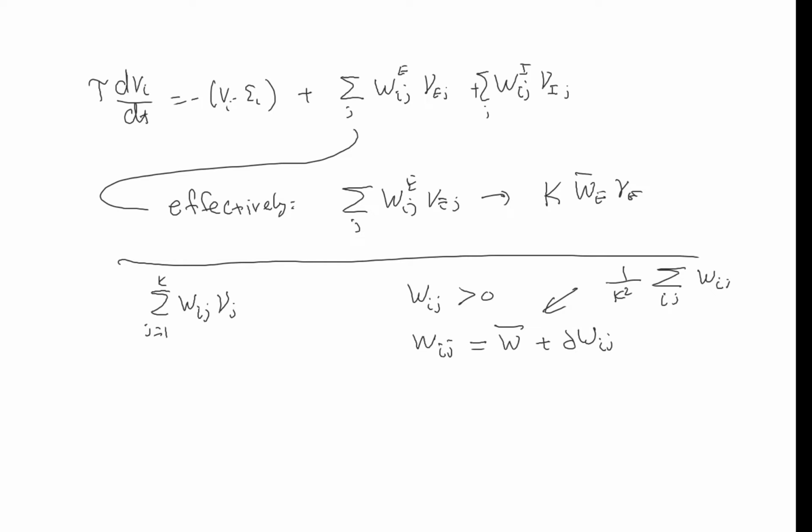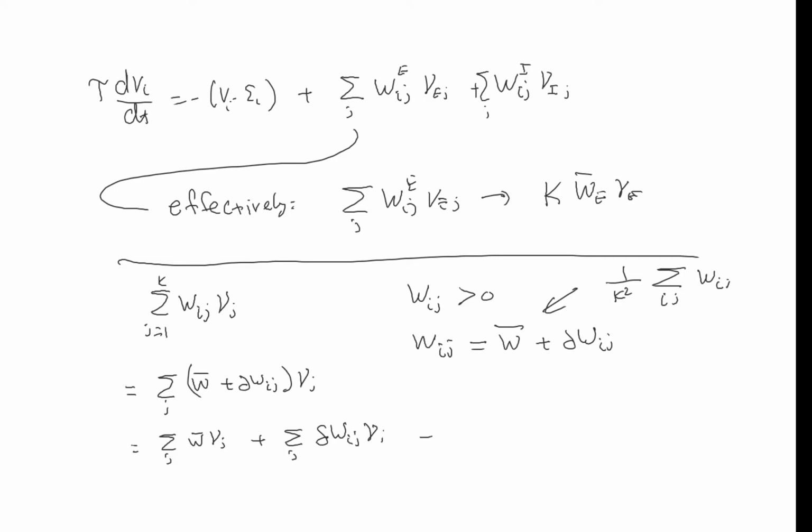So that means this quantity can be written as a sum on j of (w bar plus delta w_ij) nu_j. Okay, we can separate these two terms. The first term is a sum on j of w bar nu_j, plus the sum on j of delta w_ij nu_j.